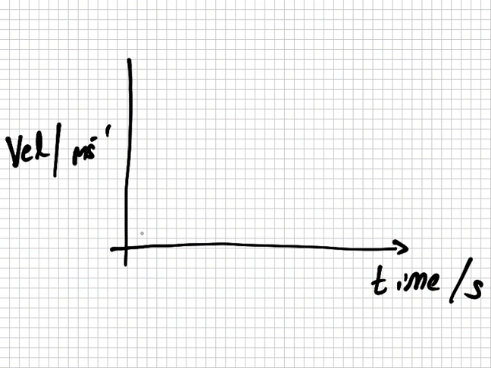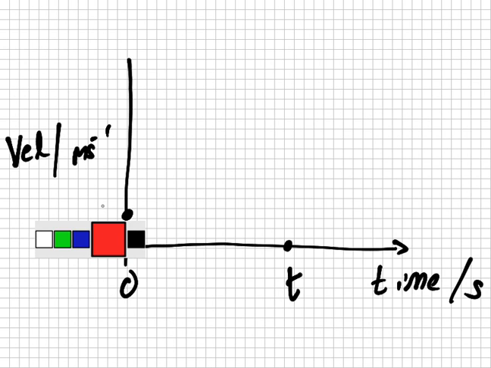So if you think about it like this, let's say this is 0 and this is t. What is this velocity at the start? Just in general, what letter is this at the start? It's u, the velocity at the beginning.